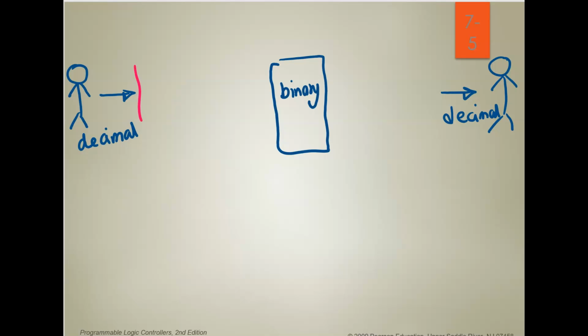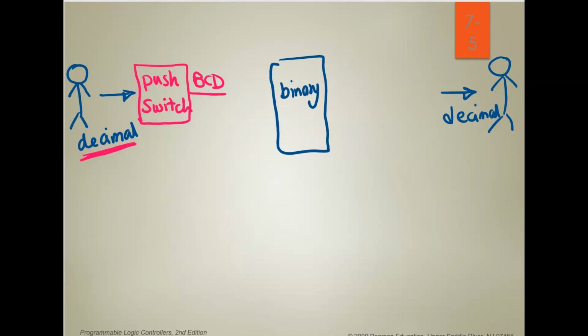So we have some devices that can convert the decimal into binary coded decimal, and we call them BCD push switches. So they are push switches that I'm going to show you in the next slide. And these push switches will convert the decimal number into binary coded decimal.